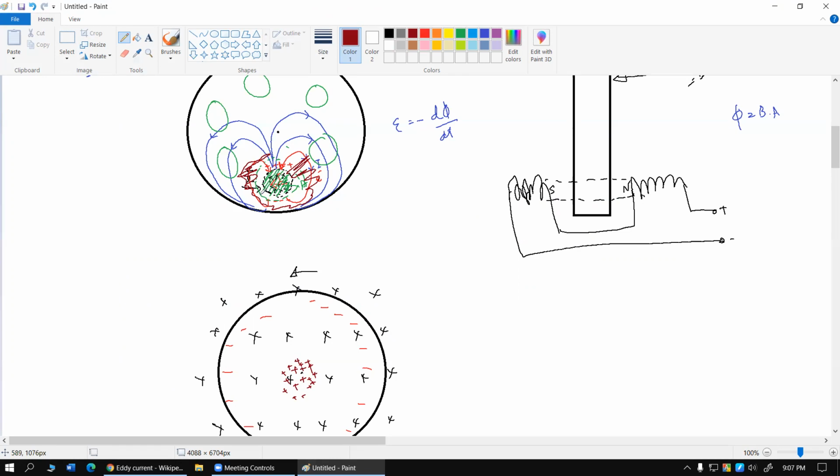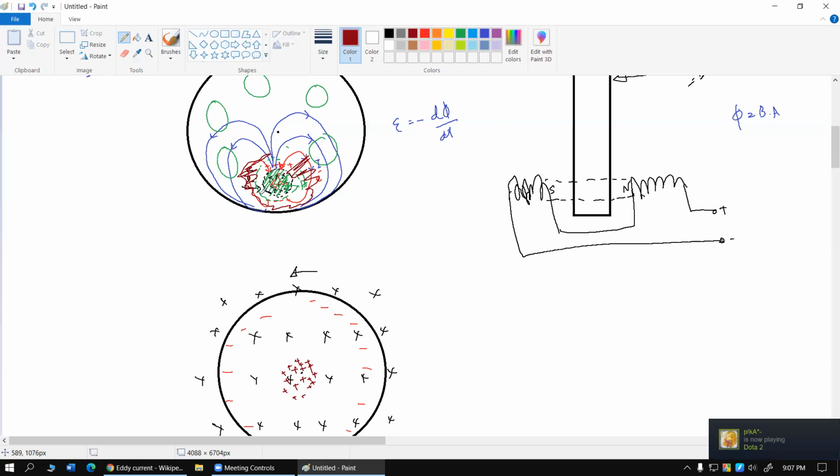A simple way that I can describe it in my own words is that whenever a conductor is subjected to a magnetic field in different locations, whenever there is a localized magnetic field affecting a metal conductor, and the metal disk and the magnetic field are in motion with respect to each other, it produces a current within the metal disc, full stop. This current is what we call eddy current.